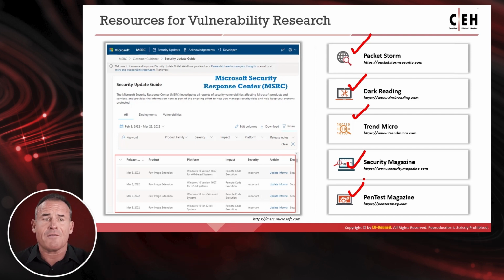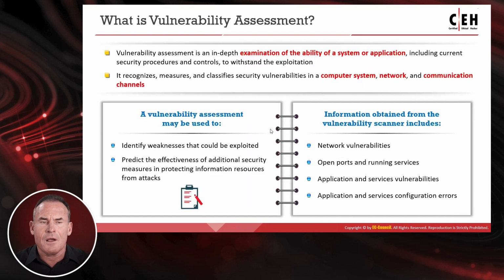But there are a variety of online resources, and probably the most fundamental are the CVE and Microsoft, the National Vulnerability Database, CERT sites, which participate in the collection, cataloging, and sharing of discovered vulnerability information.